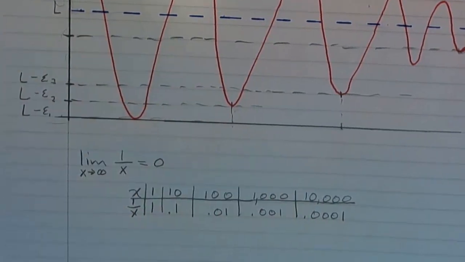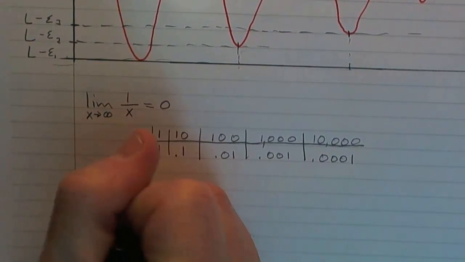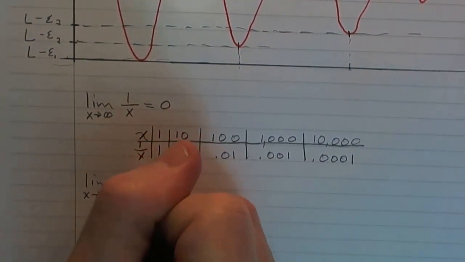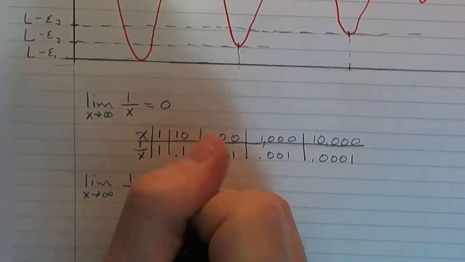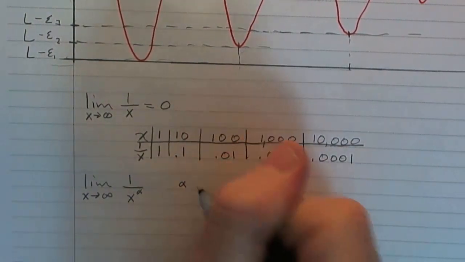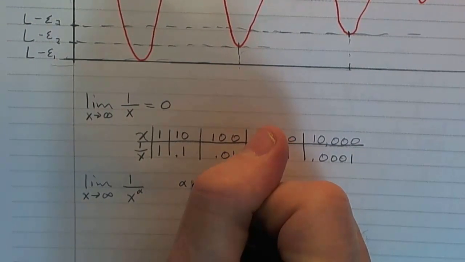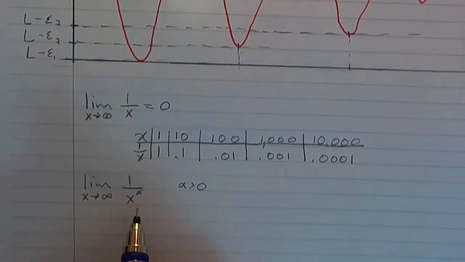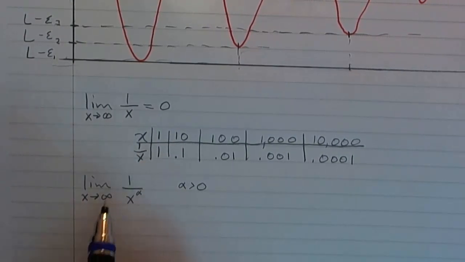Now, that's going to be the case for situations like this, where you have the limit as x goes to infinity, and you have 1 over, let's say x to the alpha, where alpha is greater than 0. When you have a situation like that, this limit is definitely going to be 0.